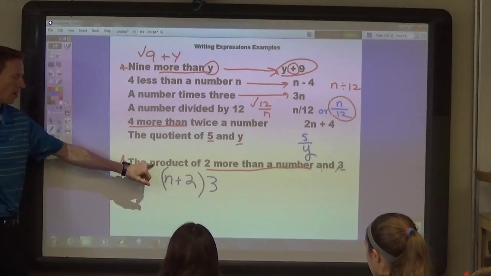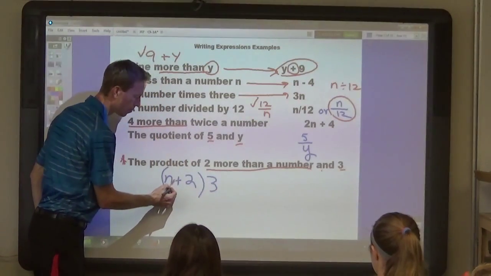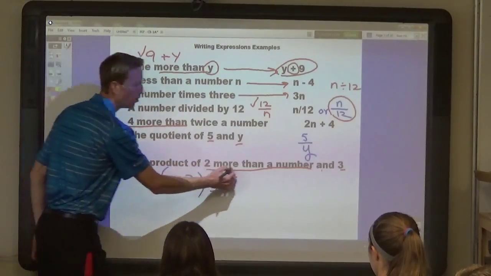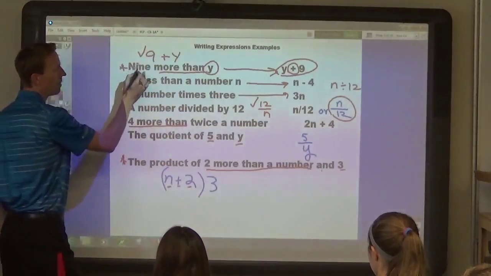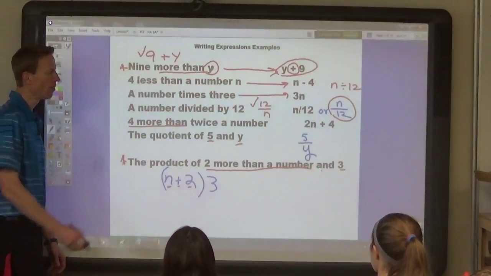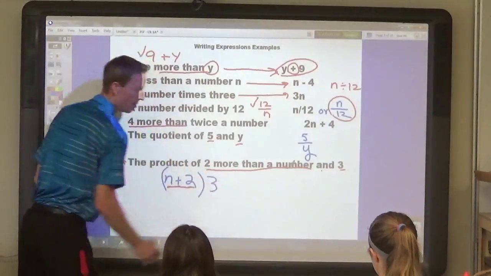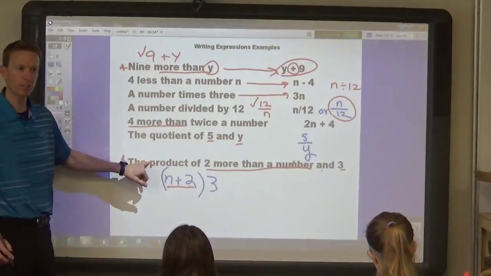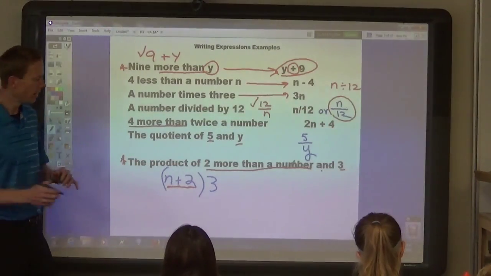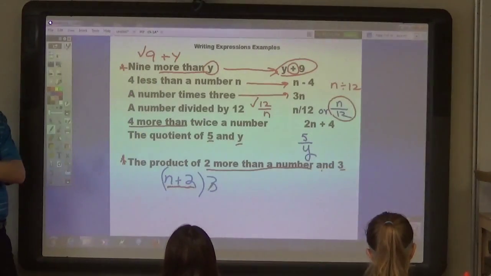The product of two more than a number, so a number plus 2, remember 2 more than the number is a lot like 9 more than a number. So this is the expression for this part. And then since it's a product, we have to multiply in there. It's this times 3. Okay?